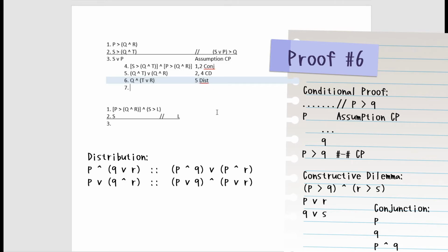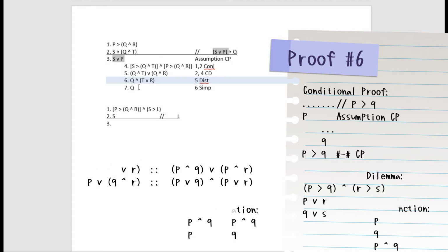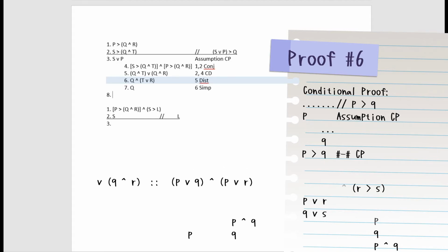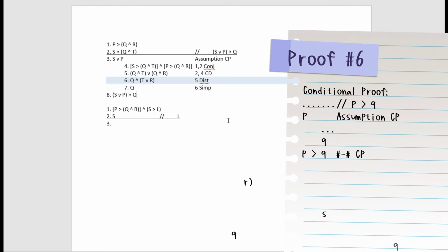Now what? Well, we have an and right here, a conjunction, which means we can just simp it. Okay, we have that Q that we wanted, right? So this and this match. And this is what we assumed right here, which means we can now close this CP, and the result of that closure will be whatever we assumed implies whatever the last line of the assumption was.